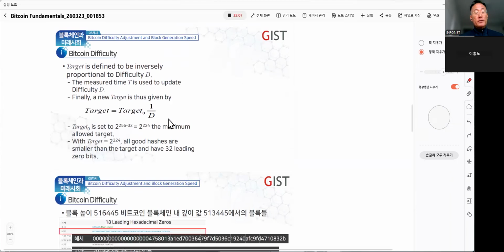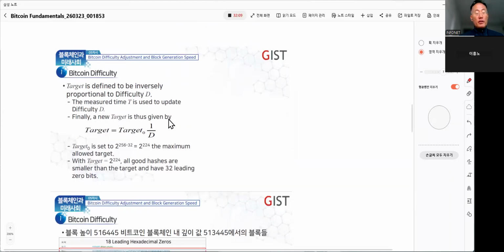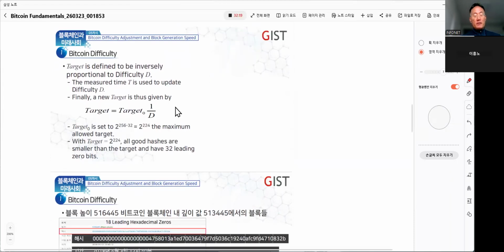Now you can change the Bitcoin difficulty in terms of leading zeros in the hash output. But if you do that, there is a stepwise difficulty level increase, where each step is twice more difficult than the other.